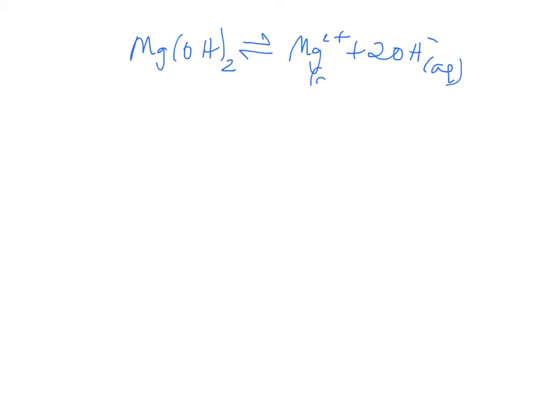Let's consider the milk of magnesia example. Dissociation of Mg(OH)2, which is the active ingredient in milk of magnesia, generates Mg2+ and 2 OH-, aqueous and solid. The solubility of this compound is highly dependent on the pH of the solution in which it is dissolved.